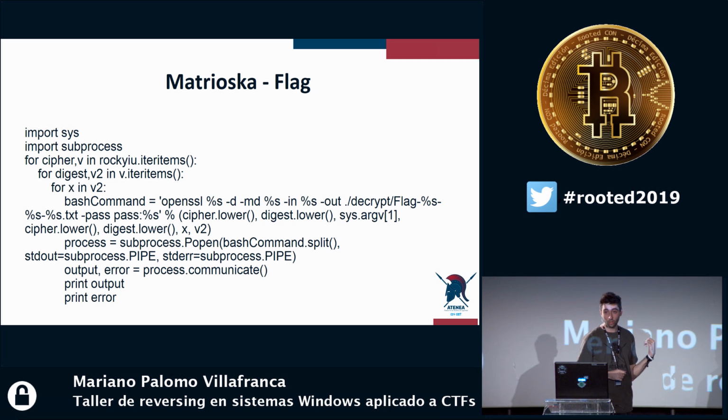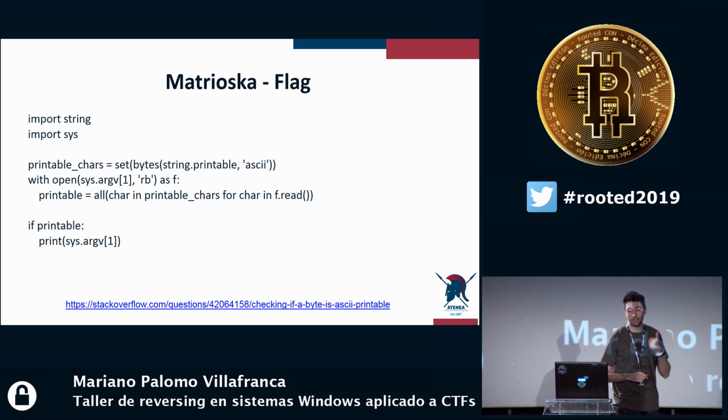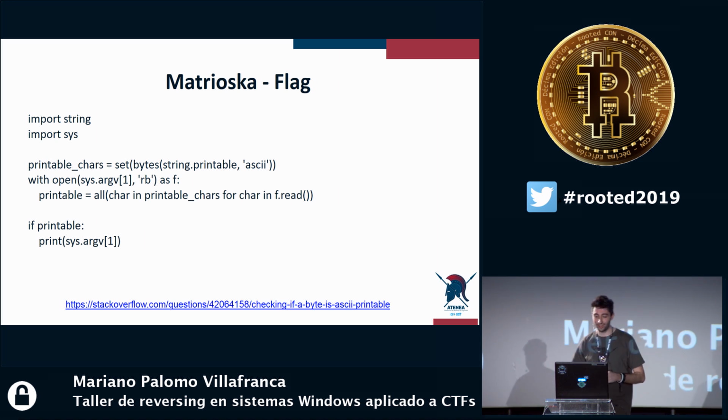Then I can take this per type of candidate I get, and I have lots of files. Then what I check afterwards is that everything that comes out of this, 100% of the characters, should be printable characters of the string.